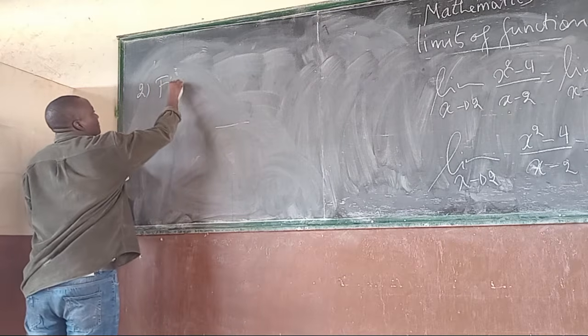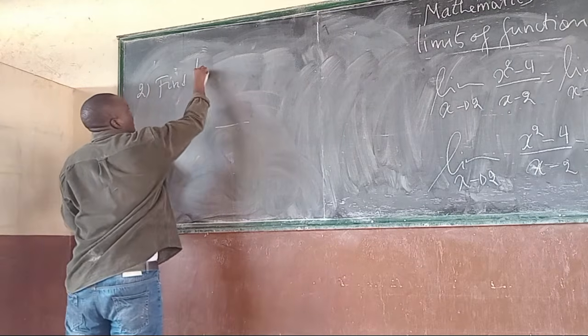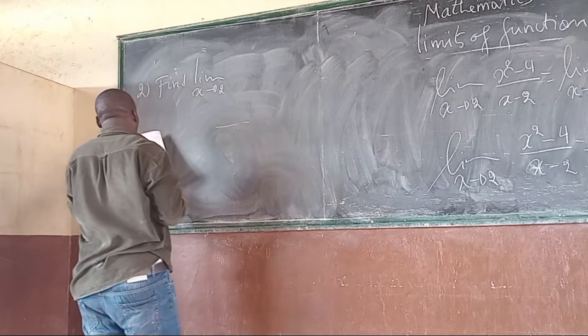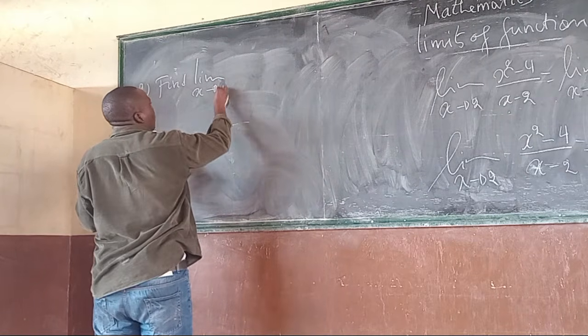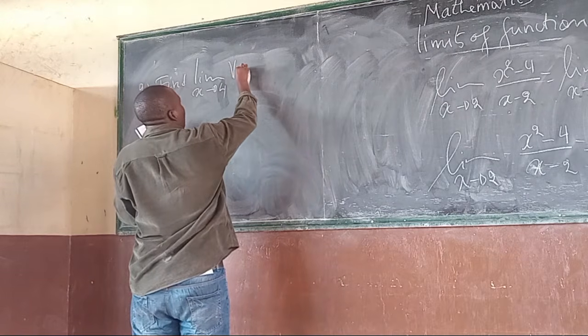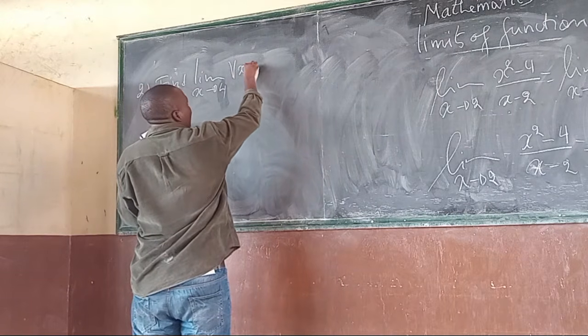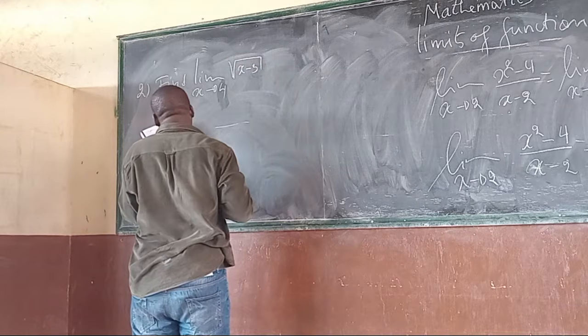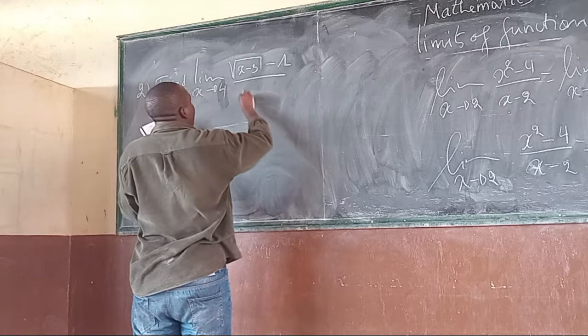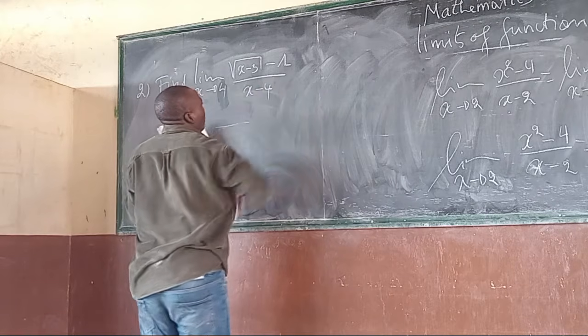Find the limit where x approaches 4 of your given function, (square root of x - 3 - 1) over (x - 4).